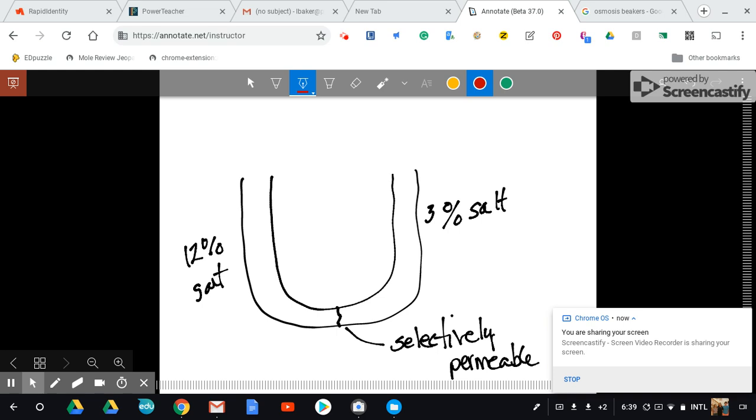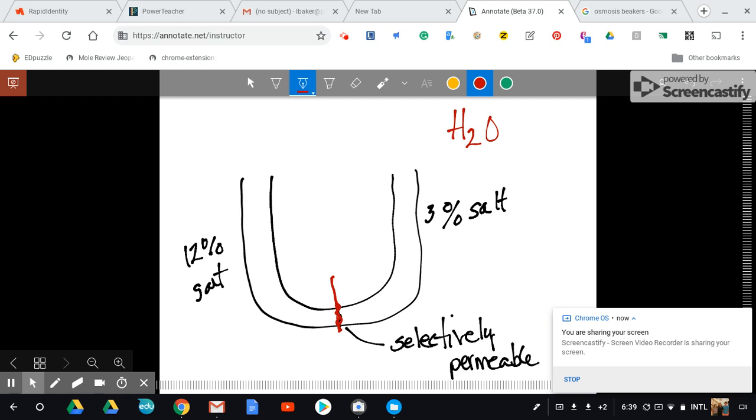On your homework tonight, or if you're looking at any kind of problem like this, it's called an osmosis tube. It's a U-shaped tube and it's normally filled with water. Right here, you have a selectively permeable membrane, meaning that it's only going to allow certain things to move across that membrane. In this case, water is being selected for.